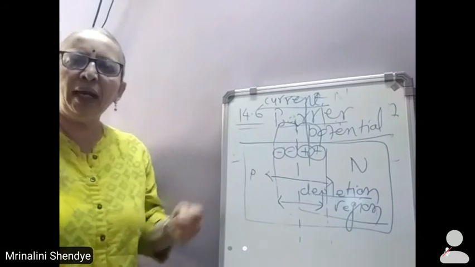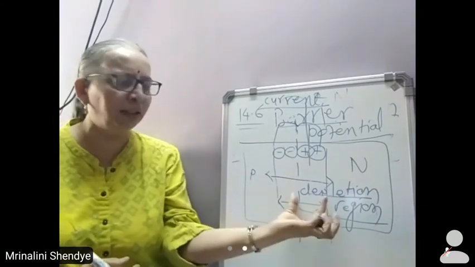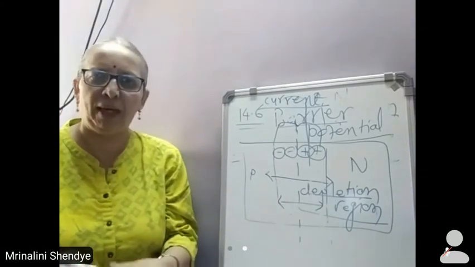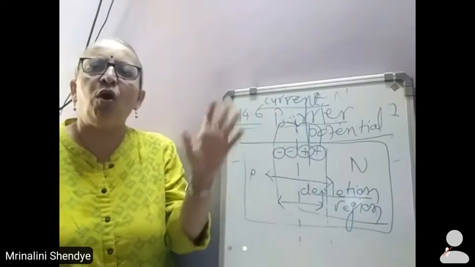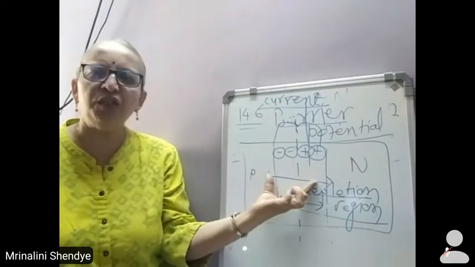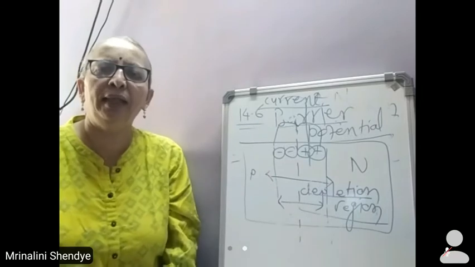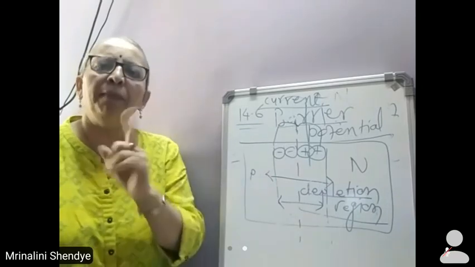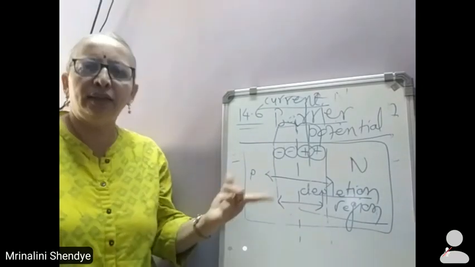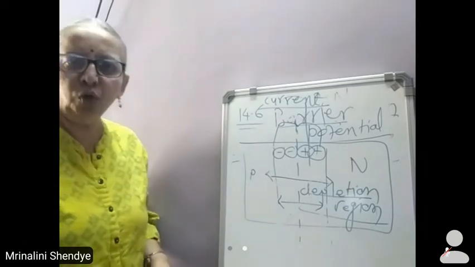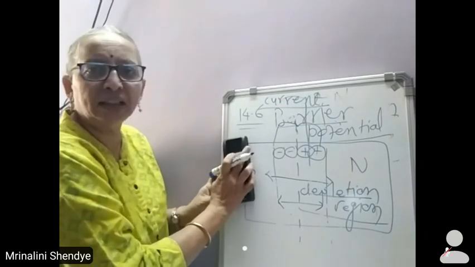Once depletion layer is prepared, current is not observed through such a PN junction. Remember these points well. And the junction is said to be in unbiased condition.